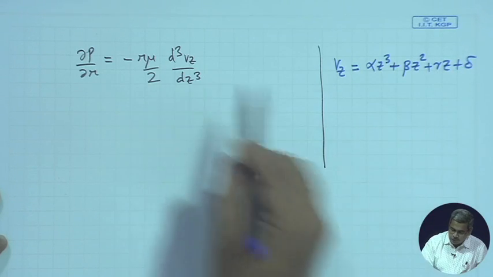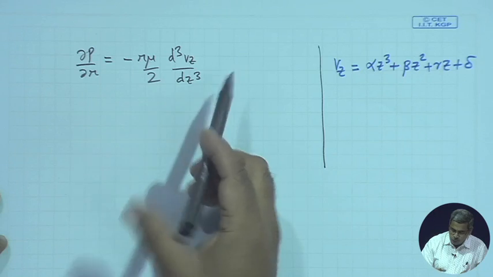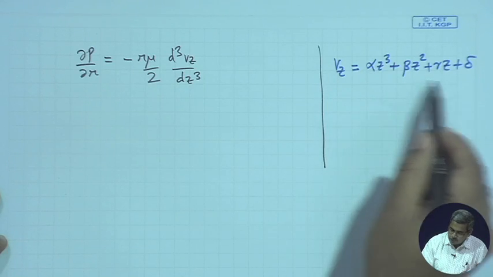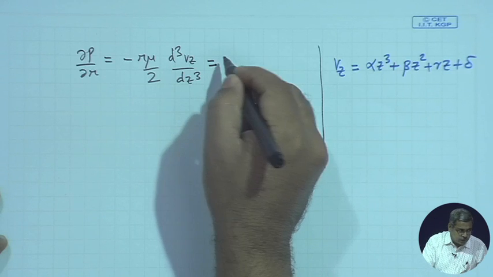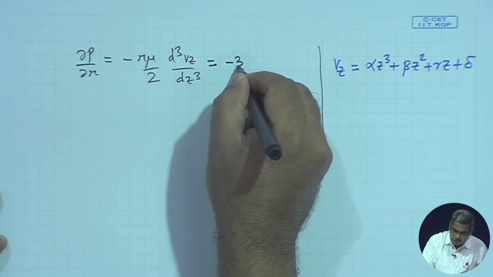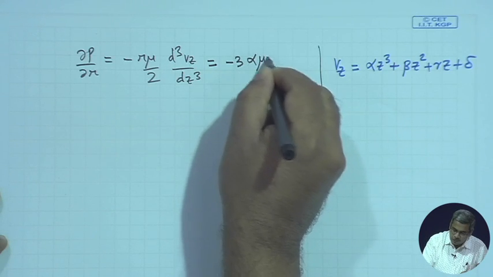If we take the third derivative, substitute, we get minus 3 alpha mu r.